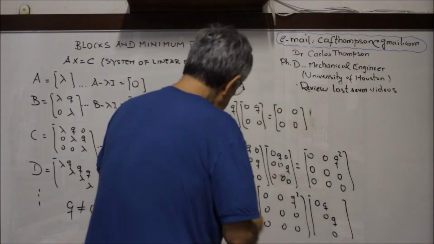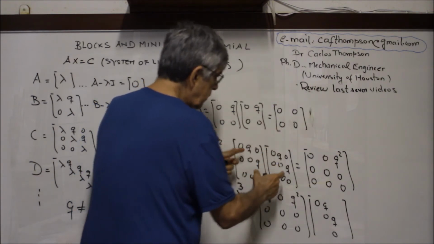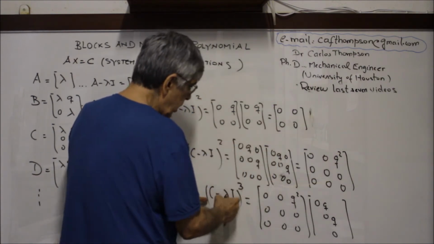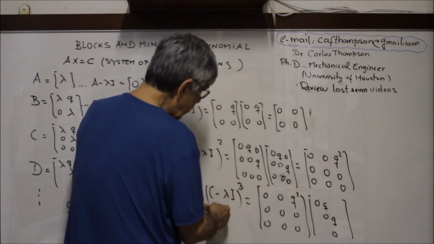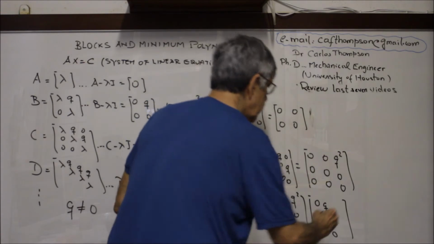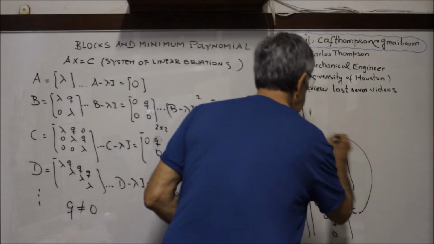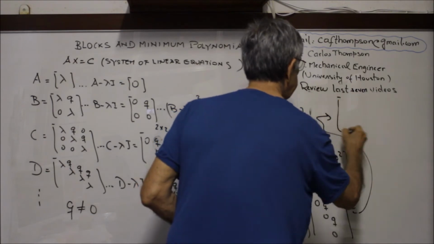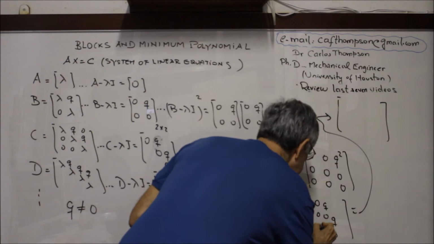So this is C minus lambda I squared, to the power 3, I'm sorry. Now, this is a square, then this square times C minus lambda I. I'll put the answer right here. Now, let's fill this with zeros.